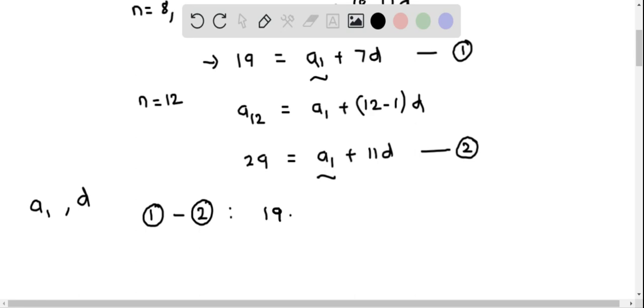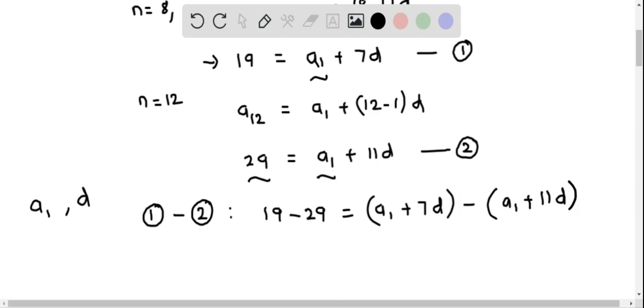So this is 19 minus, on the left side of equation 2, I have 29, so it becomes 19 minus 29, and this equals, the right side of equation 1, that is a sub 1 plus 7d minus the right side of equation 2, which is a sub 1 plus 11d.